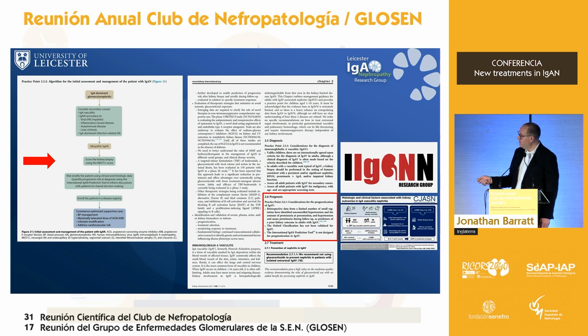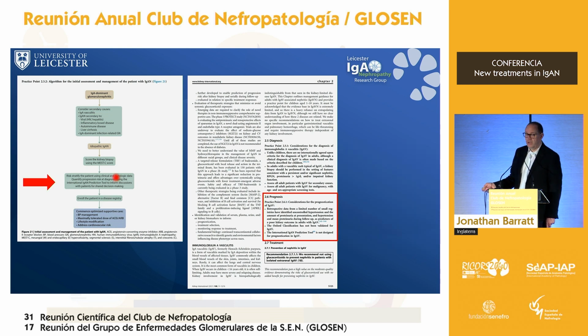We've just had, and I don't know whether you've seen, a study in CJASN from the International IgA Nephropathy Research Group from Mark Haas, who looked at the MEST score in IgA vasculitis. It doesn't perform as well. There are certain lesions that are predictive, but it is not as clear-cut as in IgA nephropathy. So we do need to work harder to understand how we interpret the kidney biopsy and what that means for risk of progression.